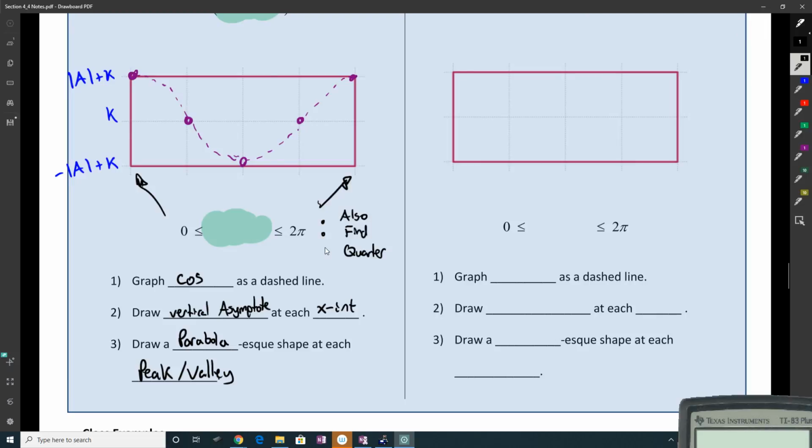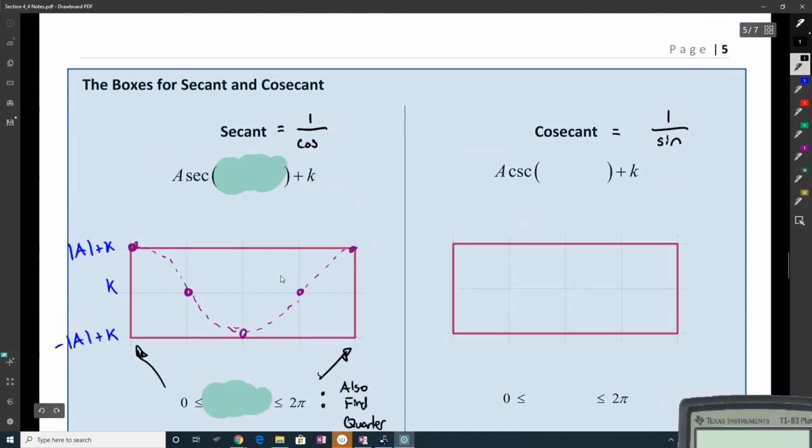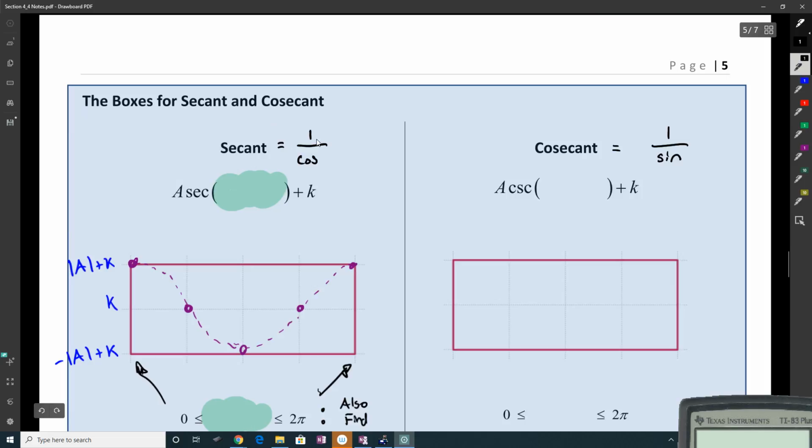The vertical asymptote appears at each x-intercept because secant is 1 over cosine. Whenever cosine equals 0, you can't divide by 0. So that's why whenever it's equal to 0, you have to put a vertical asymptote.